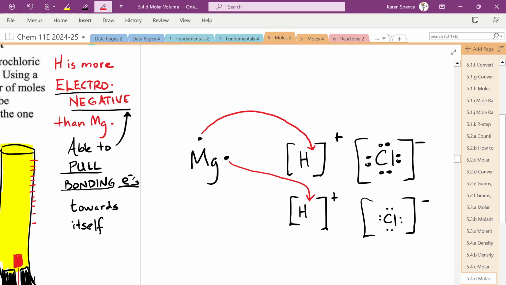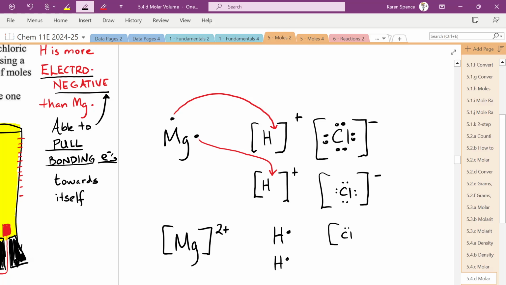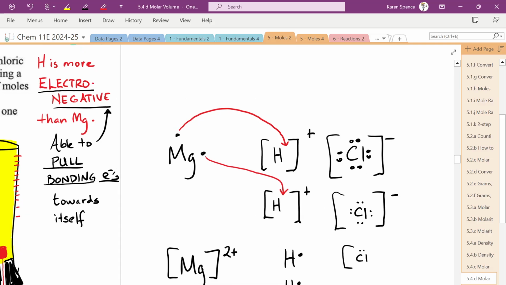So we end up with Mg, which has now lost its 2 electrons. It has an empty valence shell, and it is now 2 positive because it lost the 2 electrons. Each of the hydrogens now has 1 valence electron in its outer shell, and chloride is still chilling with no interest in what's going on.